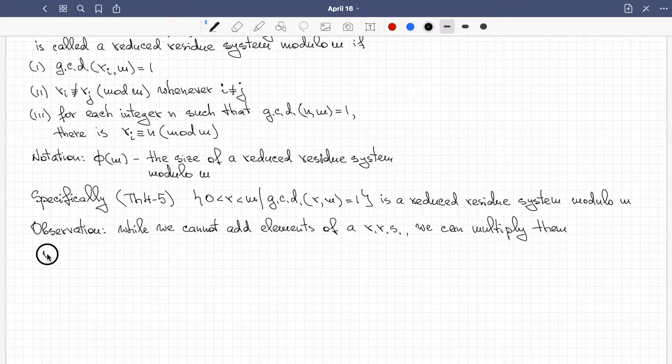modulo, let m be 7. Modulo 7, 3 and 4 are elements of a reduced residue system mod 7.